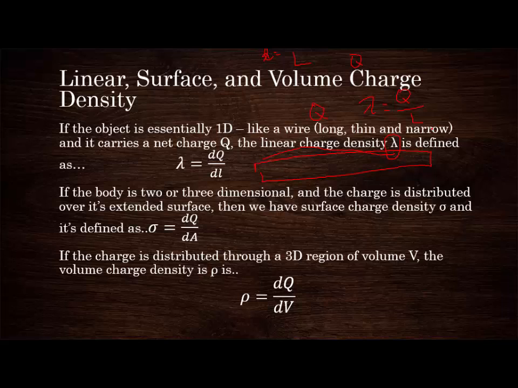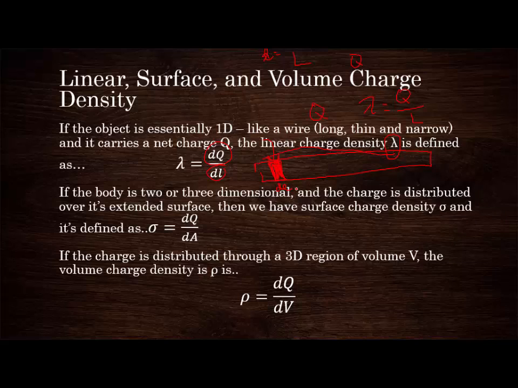This is just telling us approximately, as your length changes along the wire, how much charge is on that particular chunk or that particular length. So if I'm just looking at a tiny piece of the wire, the linear charge density would help me figure out how much charge is just on this little tiny length, or this dl. It's changing my length.